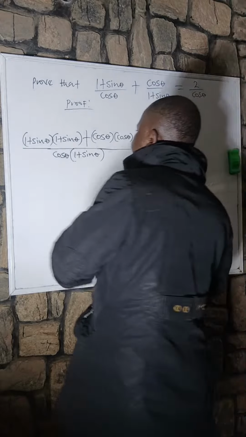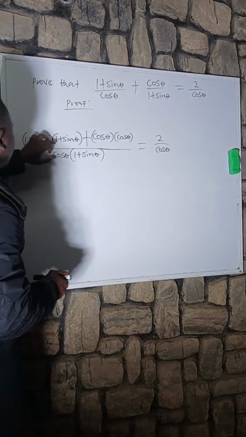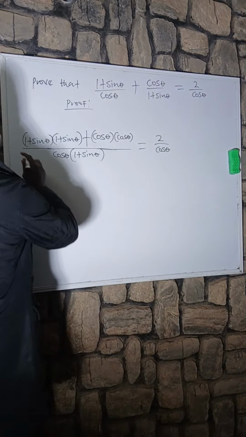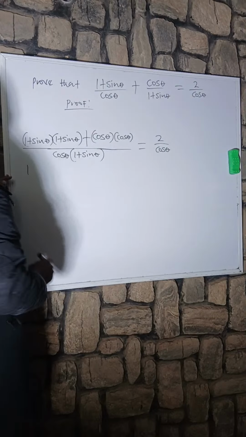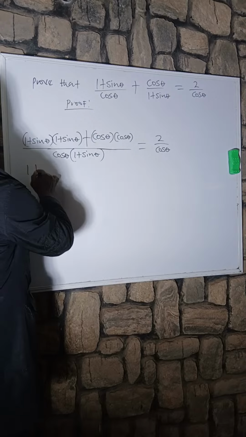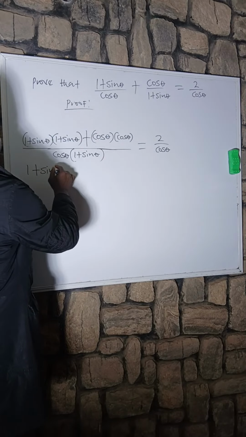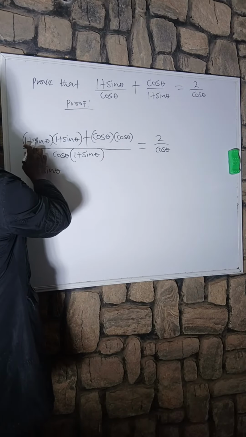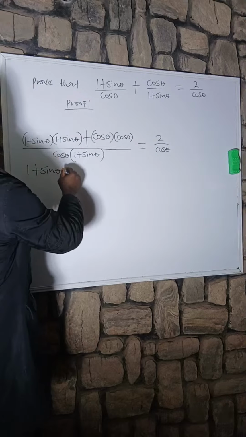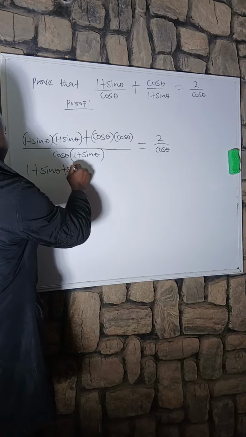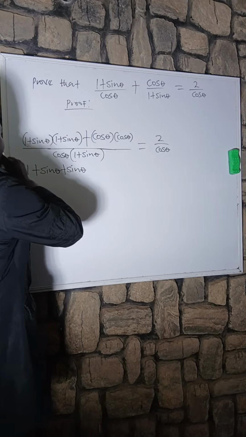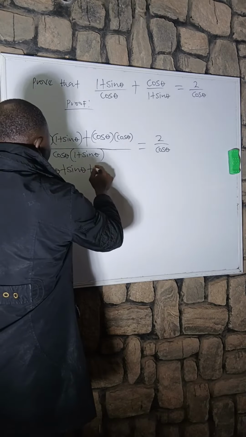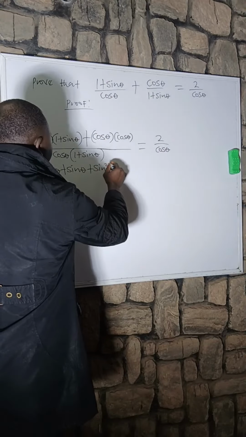As you can see, what we need to do is use this to multiply this. So 1 times 1 is 1. 1 times sine theta gives us sine theta, plus sine theta times 1, then plus sine theta times sine theta, plus sine square theta.